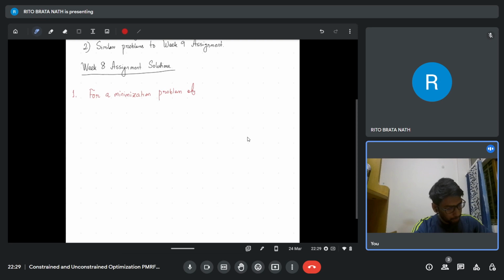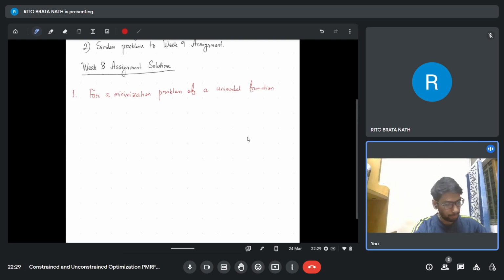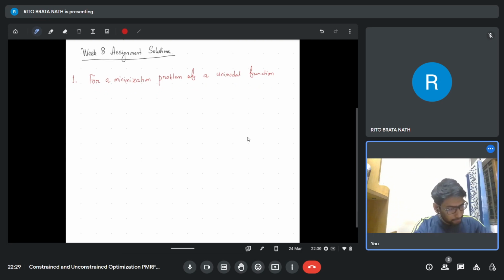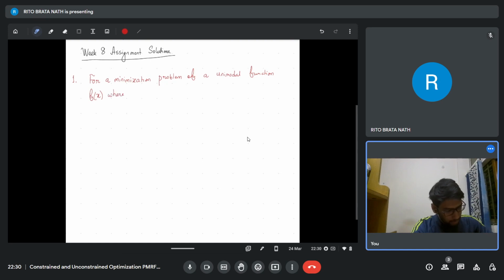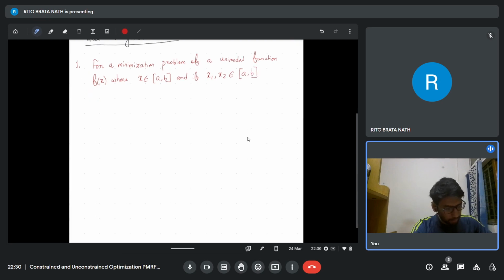of a unimodal function. I guess you already know what a unimodal function is, which is basically one mode, and it has only one local optima, local minima or local maxima, within that interval. f(x), where x belongs to this closed interval [a, b], and let us take 2 points x1, x2 that also belong to this interval.